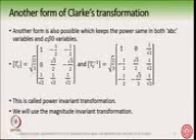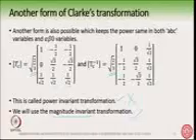There we slightly change the multiplying factor and certain terms in the matrix. This is called the power invariant transformation. In this course we will not use the power invariant transformation, we will use the magnitude invariant transformation. However, in some books it is up to the discretion of the person who is using it. He can take any of these forms of Clark's transformation.